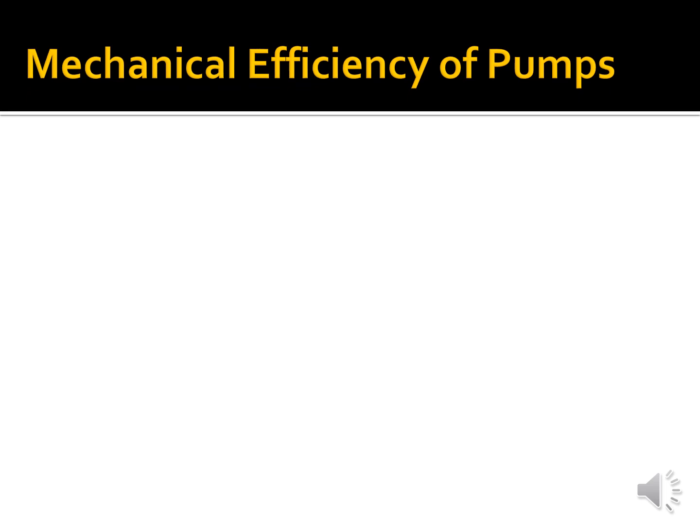So apart from power, we may also need to calculate the efficiency of a pump. So what is the efficiency of a pump? For example, you plug a pump into an electrical source, and it is stated on the pump that it operates at 200 kilowatts, for example.